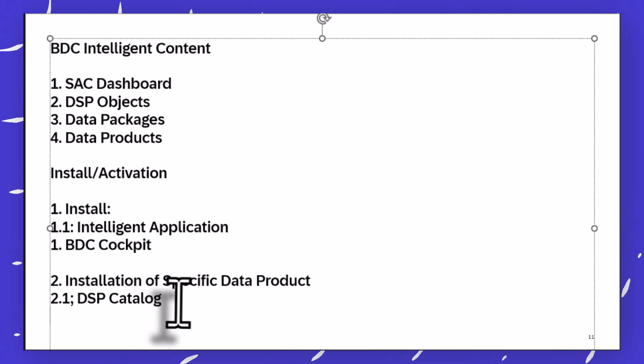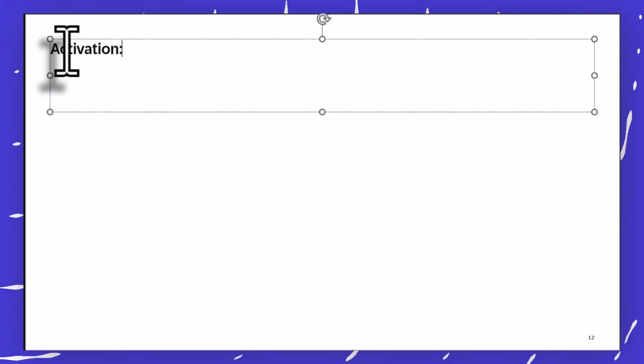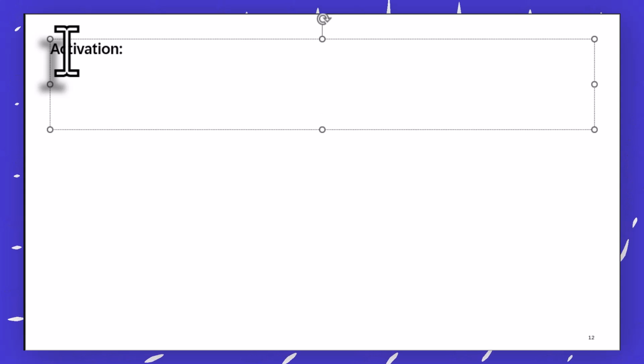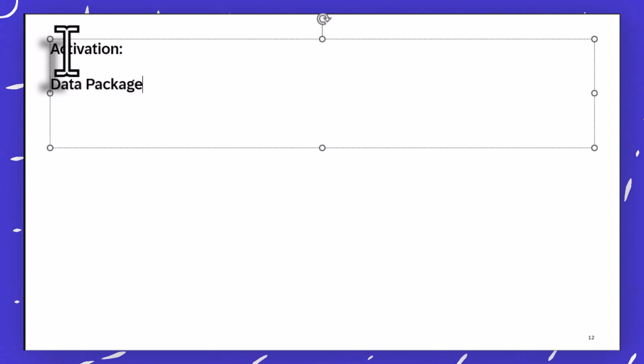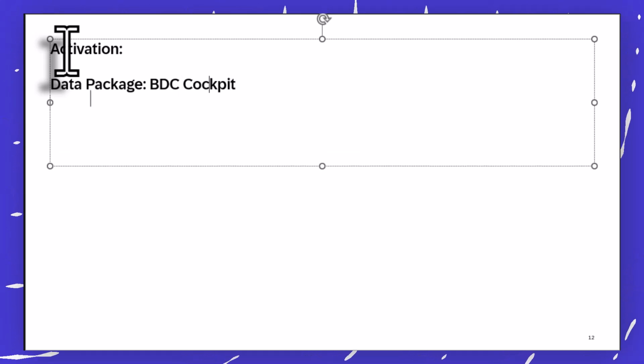Now comes the activation. What can you activate? You can activate the data packages. From where can you trigger this activation of a package? From the BDC cockpit. If you open the BDC cockpit, it lists all available data packages.